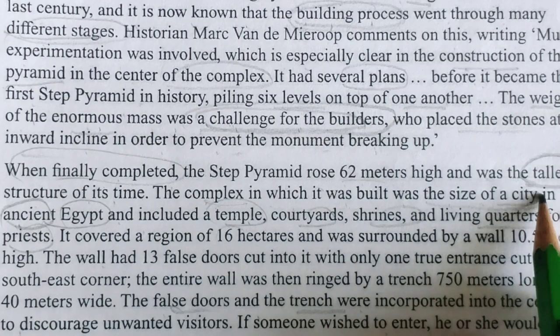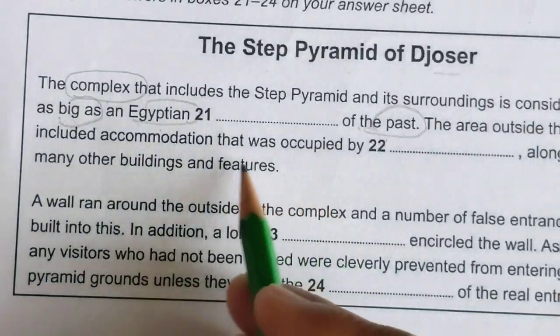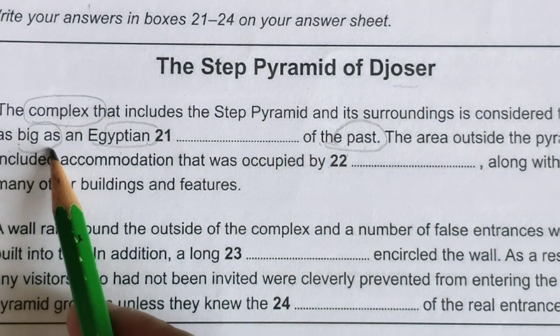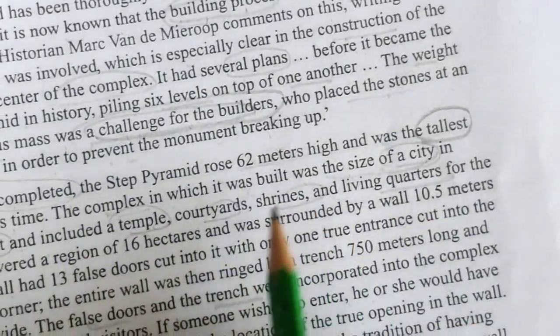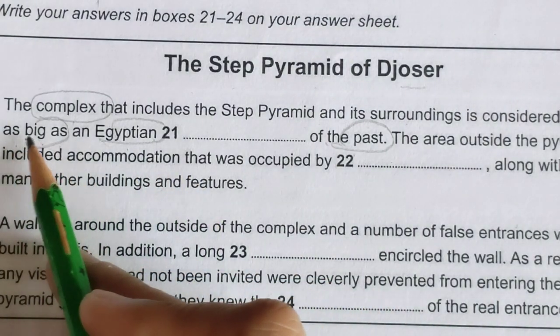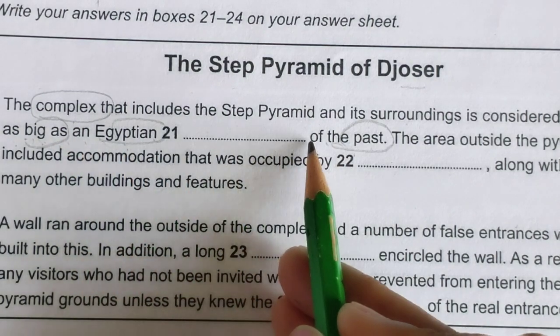It was the size of a city in ancient Egypt. So what are we going to write? Is considered to be, is considered to be a big, okay, you can just read it. In which it was built was the size of a city in ancient city. Okay, so as big as, tallest, it was given an Egyptian city.